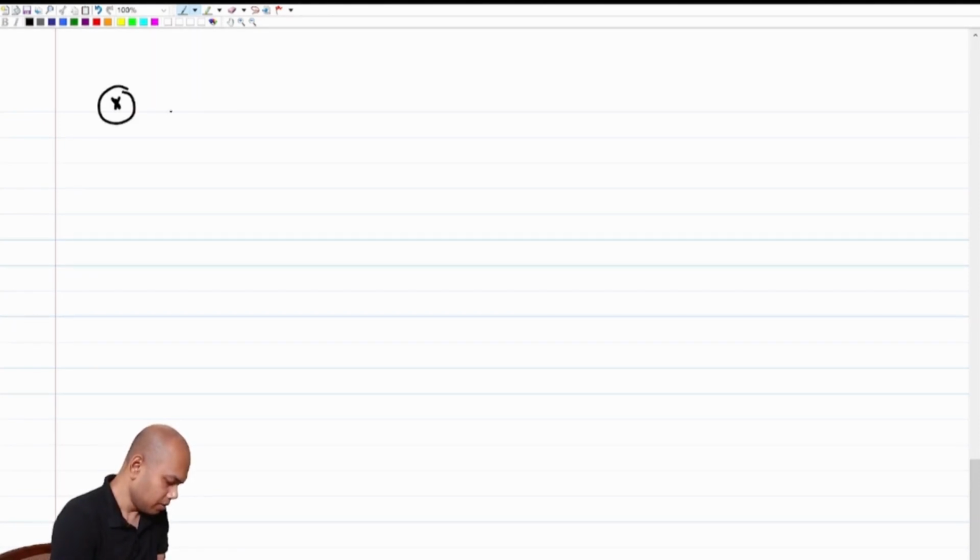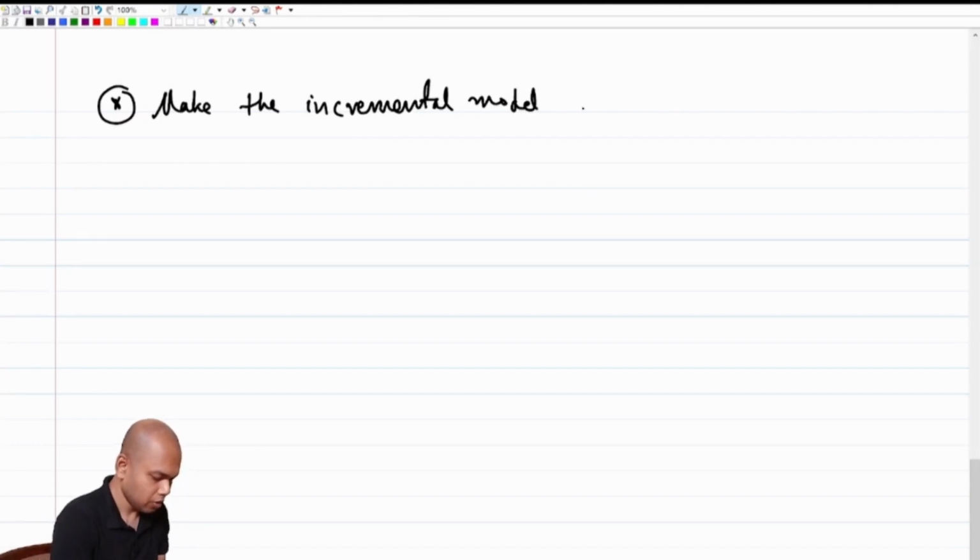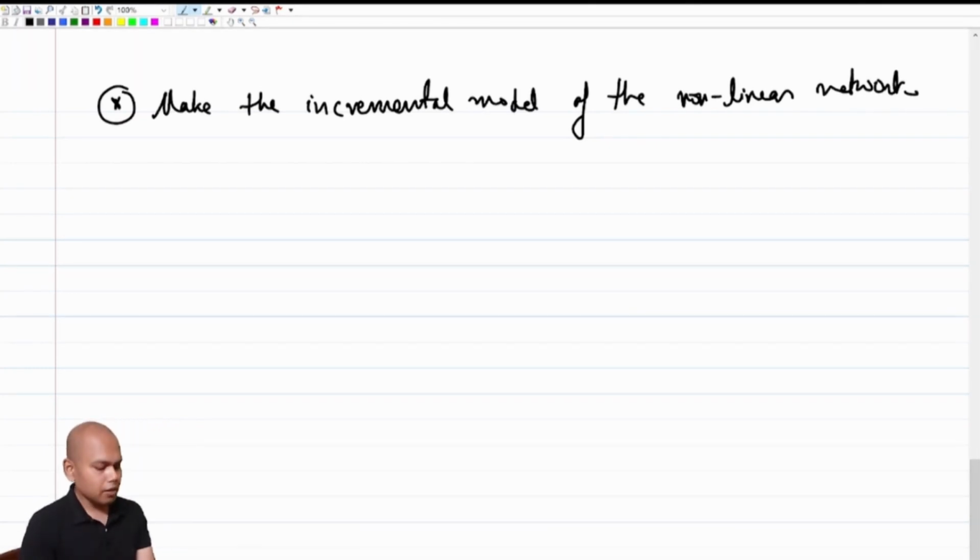The next step is to make the incremental model of the nonlinear network. What is the incremental model of that common source amplifier? We know that, we have done it a sufficient number of times now.